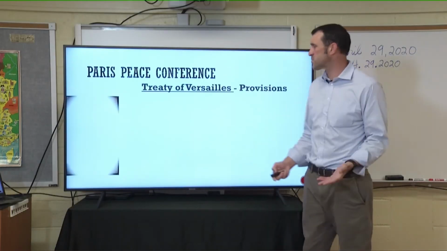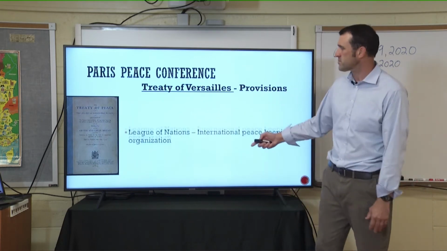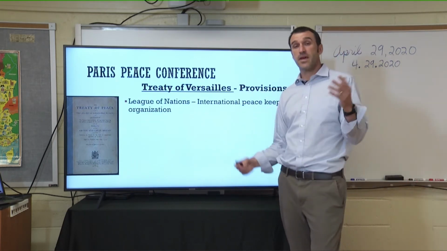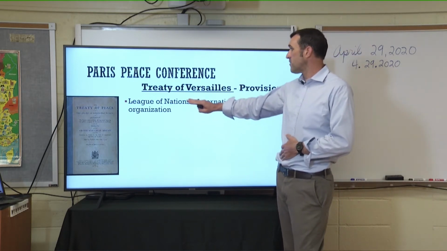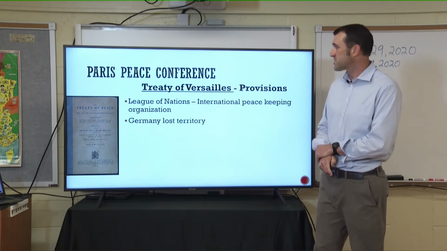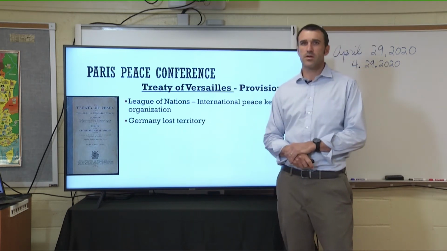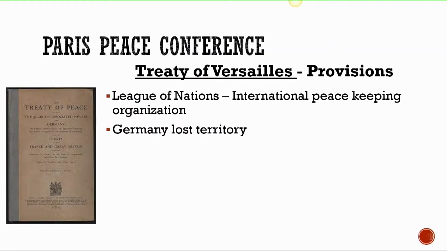So let's see specifically what the provisions were. What did they come up with? First, they did take Woodrow Wilson's idea, the United States' idea, of establishing a League of Nations. Secondly, Germany lost some territory on both borders, the border side with France as well as the border side with Russia.